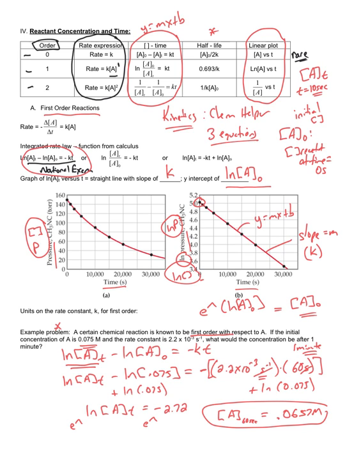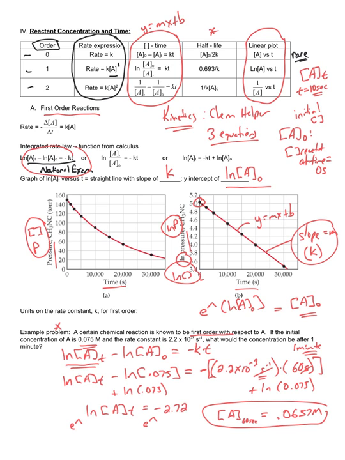So the purpose is, once I identify what order the reactant is, I can use the integrated rate law like a plug-and-chug chemical equation to figure out the concentration of the reactant at any moment in time. Or if I know the change in the concentrations, I can use it to figure out the rate constant, because that will be the slope of the line.